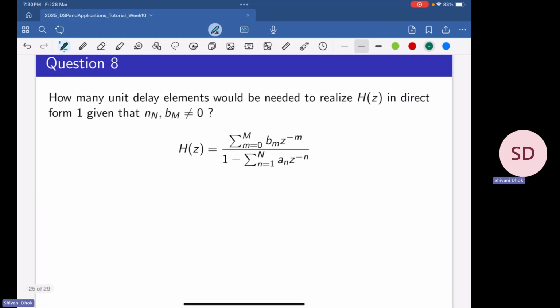So this is question number 8, and it says: how many delay elements would be needed to realize H of z in the direct form 1, given that N and M are not equal to 0.